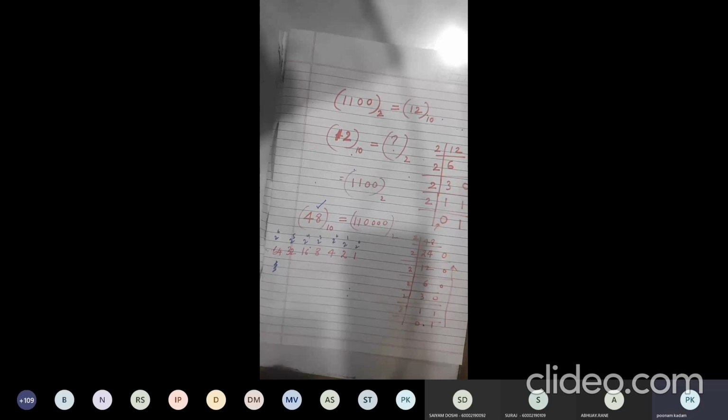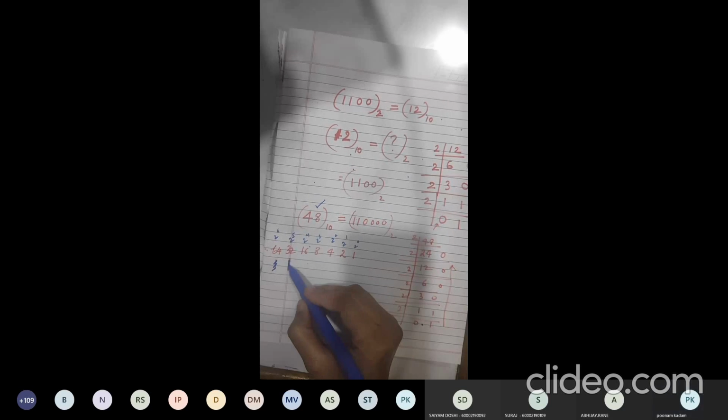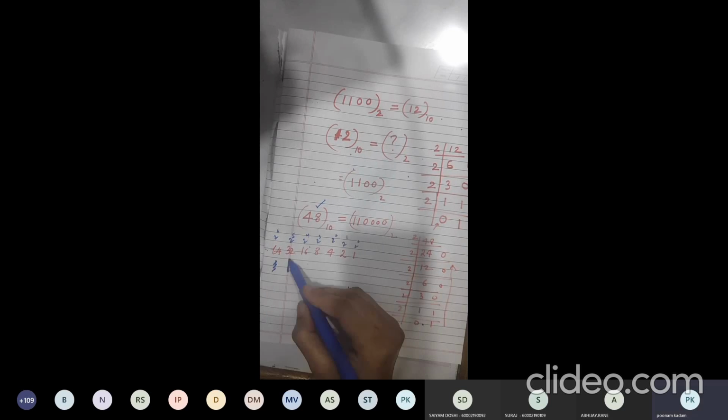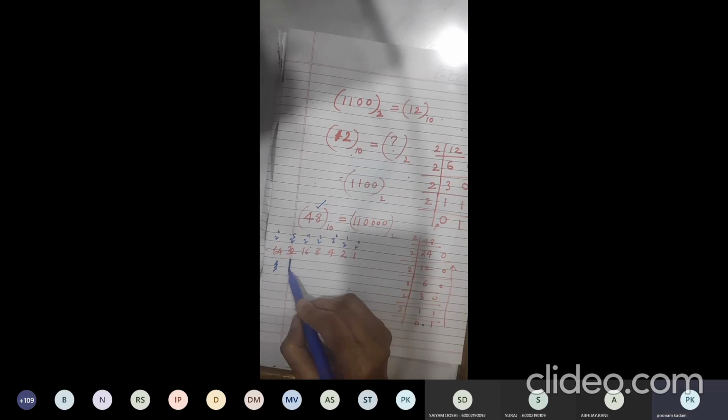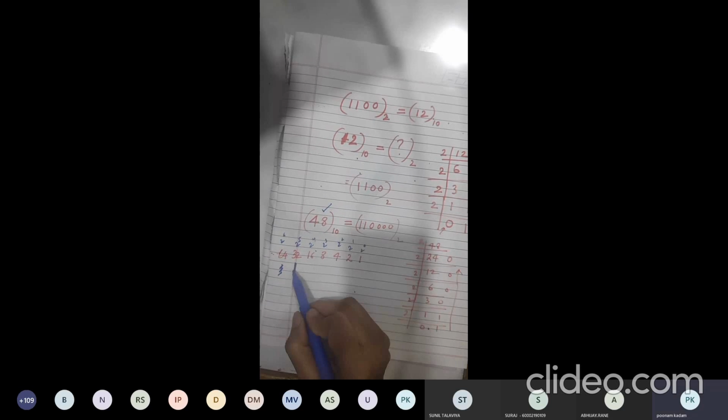So I'll write 1 under 32. You can write 1 under a weight either equal to 48 or smaller than 48. So we get 32 if we write 0 at all other bit positions.